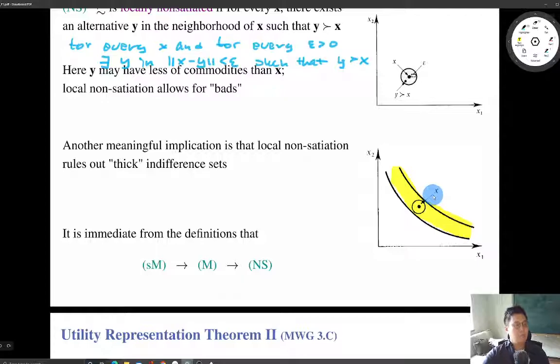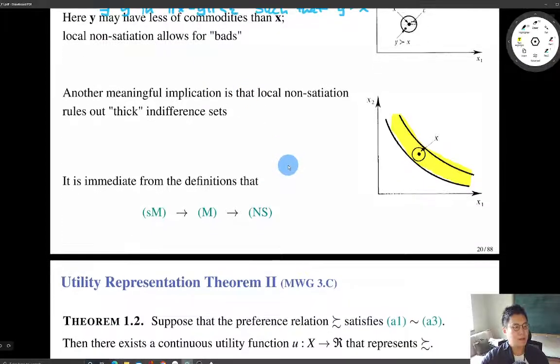So we cannot find a bundle y strictly better than bundle x. So it violates local non-satiation. Another main implication is that the indifference set is going to be a curve in the consumption set, which rules out this kind of thick band.